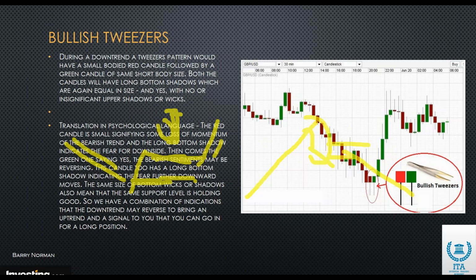And these are engulfing. Now, tweezers happen not so often, but when they do, they're very, very important. Tweezers look exactly like a pair of tweezers. They are two candles that appear next to each other where their bodies are relatively the same size and the wicks are the same size and they don't have upper wicks, so they look like a tweezer.